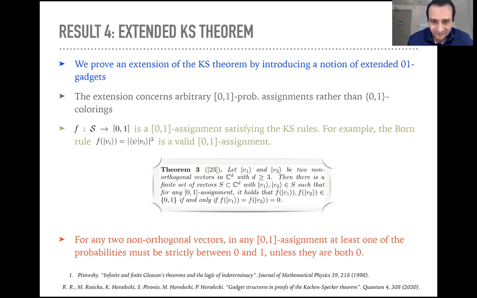This is an extension of the Kochen-Specker theorem that is related to the Gleason theorem, and this was considered first by Pitowski in the Journal of Mathematical Physics in '98. He gives a complicated proof, and we show that by looking at 0-1 gadgets and particular extensions of those, we can actually give very simplified proofs of this extension of the Kochen-Specker theorem.